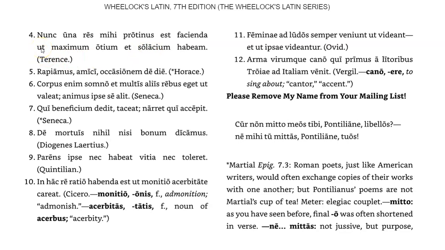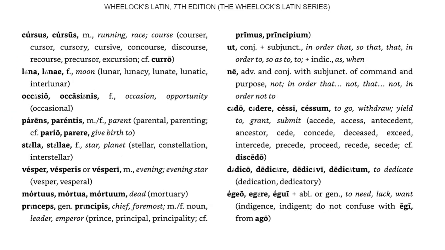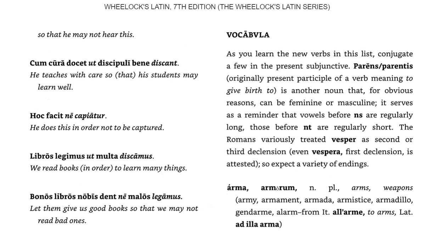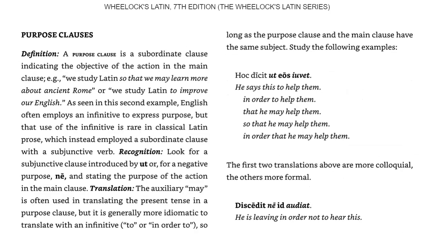So the ut is the key grammar element in this one. And as I pointed out in passing earlier, as I was scrolling to the Sententia Antiqui, the ut is used for purpose. And you can see there's many ways to translate a purpose clause in Latin. All of these are equally acceptable. The shortest is to, so that, or in order to.